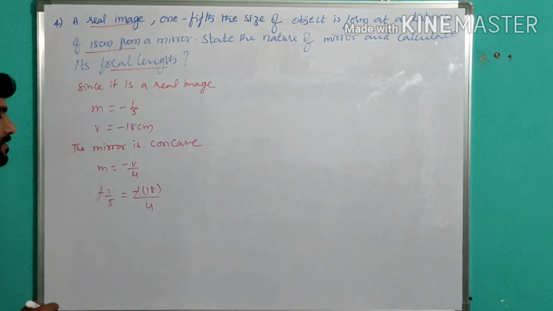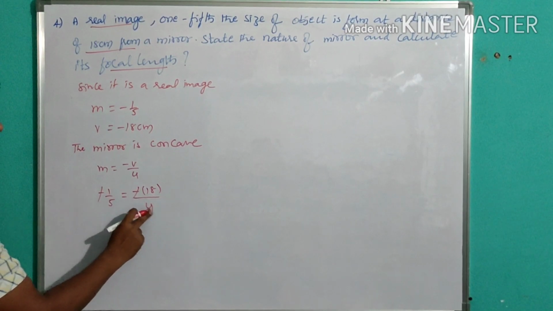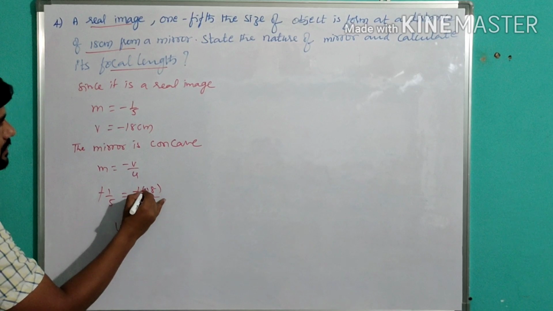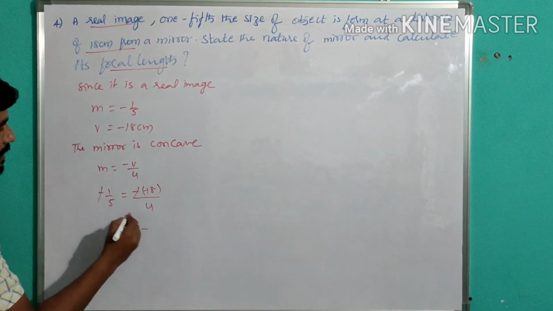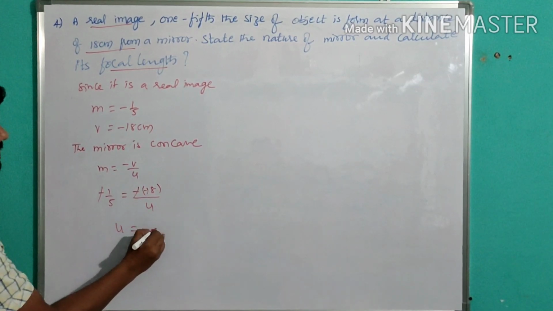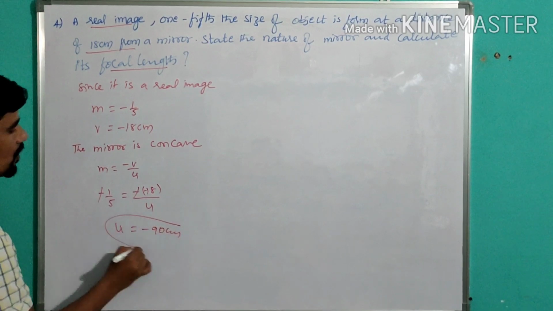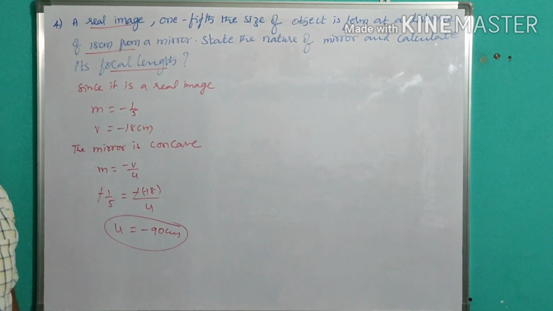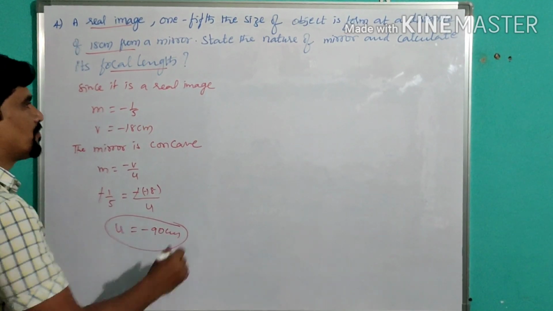Minus minus gets cancelled on both sides. Cross multiplication: u into 1, u. Next, 5 into 18, 90. So the object distance is 90 centimeters. How was it identified? Object distance is never positive, it is always negative.